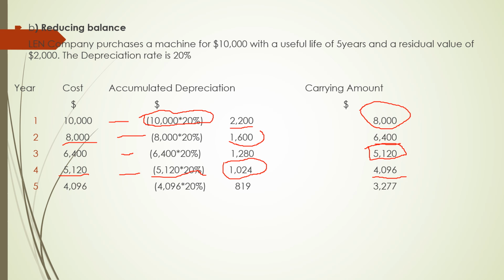So when we multiply 20% of that, we will arrive at 819. And when we subtract 819 from 4096, we will arrive at 3277. So this brings us to the end of the discussion on reducing balance method.